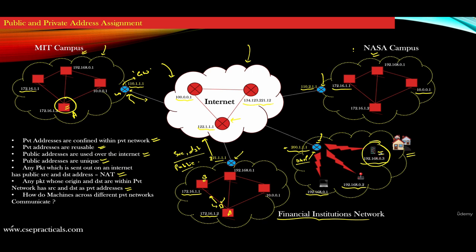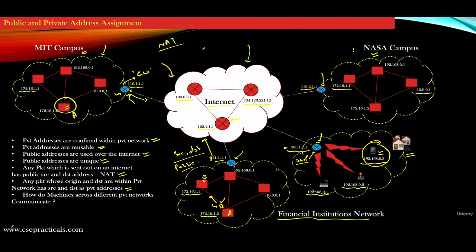What will be the source and destination IP address in those packets? As I said, any packet which travels over the internet cannot have source or destination address as private addresses. They have to be public. Alright? So that is the thing made possible by network address translation, which we are going to discuss next.